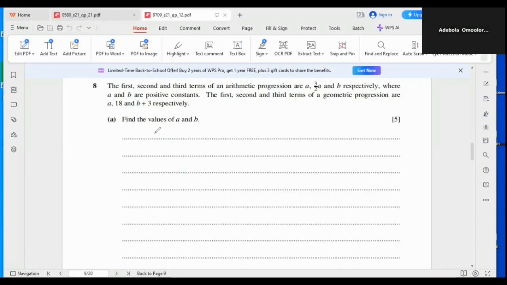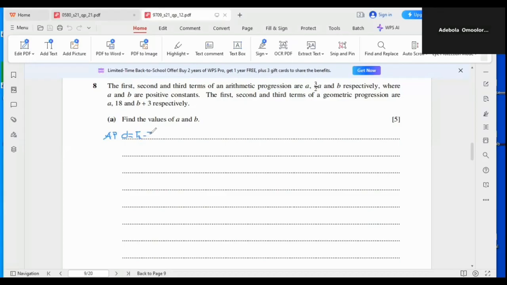So to get the common difference of an AP, let me put it here. For the AP, the arithmetic progression, we know that the common difference D is the second term minus the first term, so T2 minus T1.